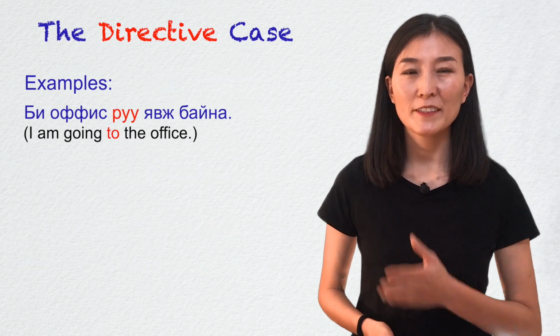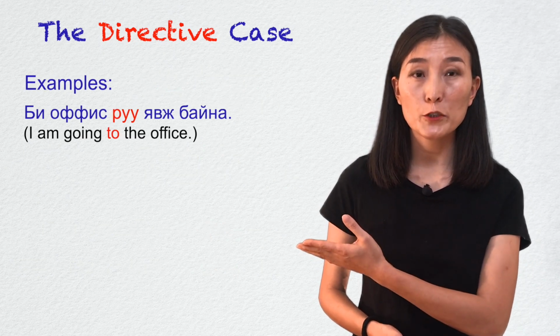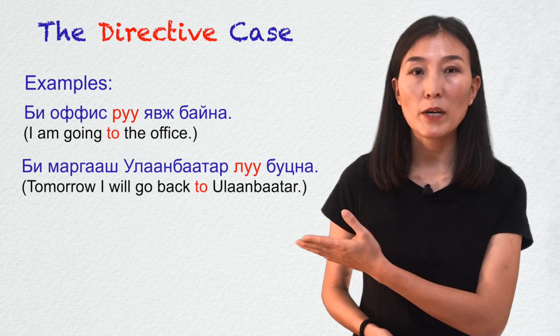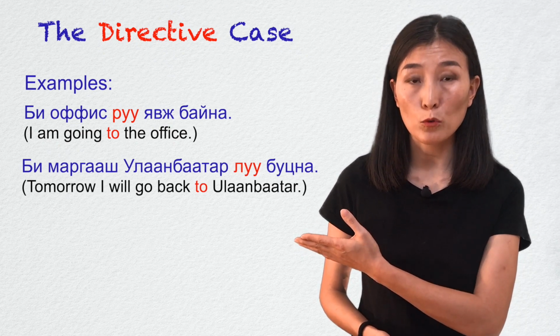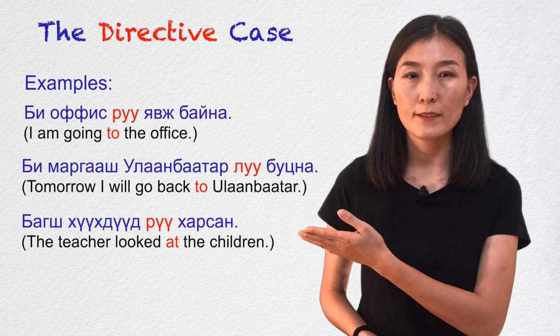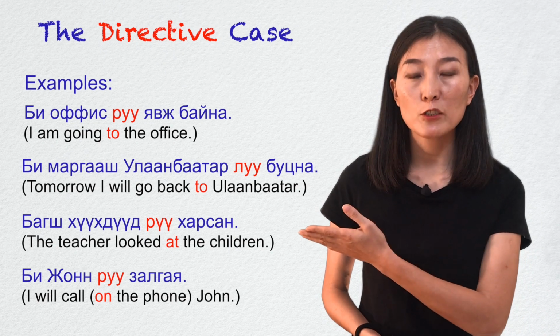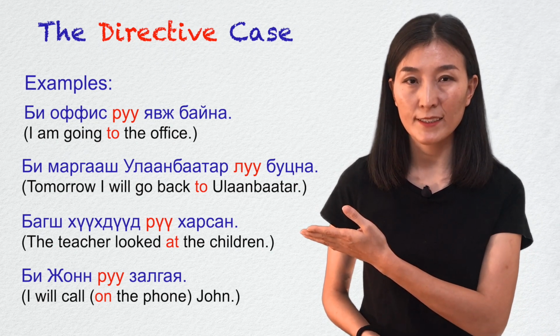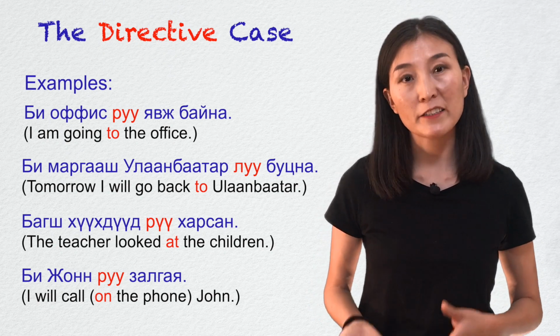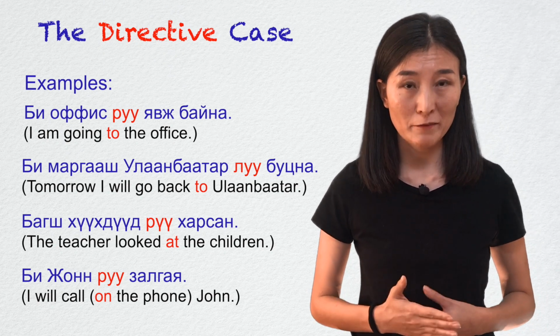For example, би office руу явлаа, би маргааш Улаанбаатар руу буцна, багш хүүхдүүд рүү харсан, би John руу залгая. Now let's go to the slides for personal pronouns and commonly used verbs for the directive case.